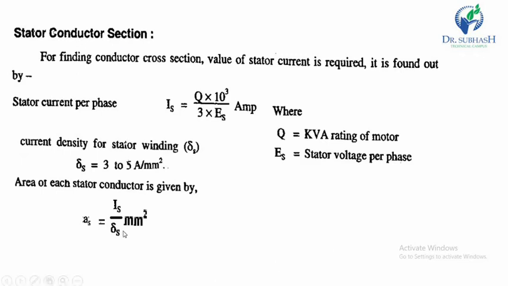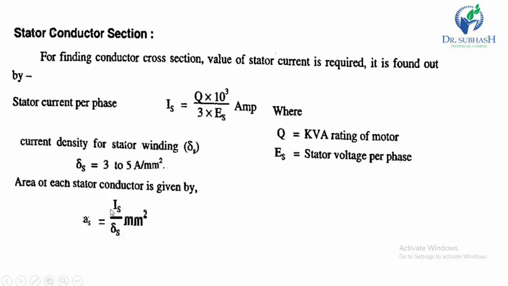The current density delta S is equal to the current Is divided by the area of the stator conductor. So to find out the cross sectional area we have the equation current divided by current density. Now in our design we assume that the current density for stator winding is 3.25 ampere per mm square.